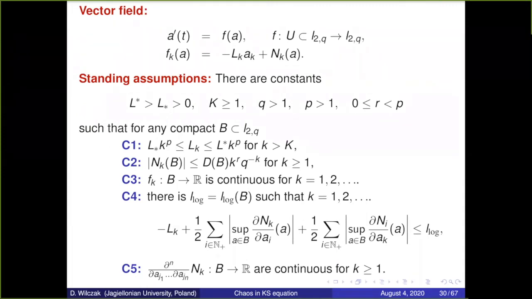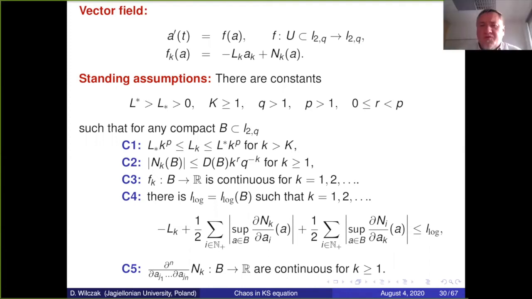If you look at those conditions, there is also the condition that P is bigger than R, which is listed above and is a part of conditions C2 and C1 in a sense. This complements the thing. And this R for Kuramoto-Sivashinsky turns out to be, what, Daniel? P is equal to 4, but R is equal to 2, I guess.